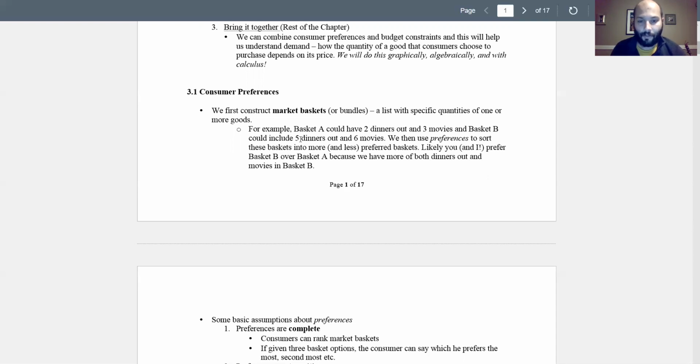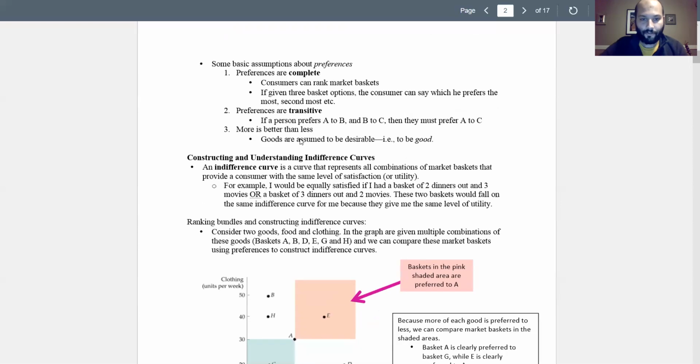For example, if our two goods are dinners out and movies, we could have a basket with 2 dinners out and 3 movies, or a basket with 5 dinners out and 6 movies. Then we're going to use our preferences to determine which of these market baskets we like better. So, some basic assumptions about preferences.